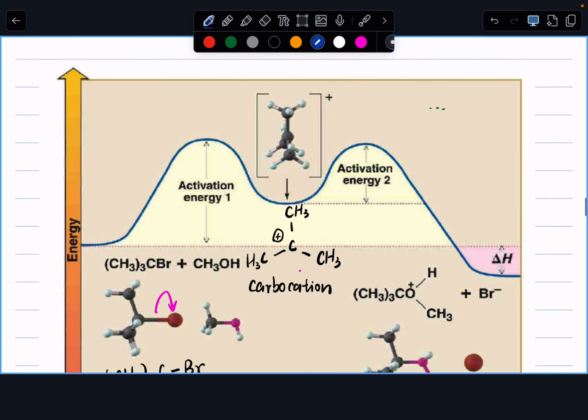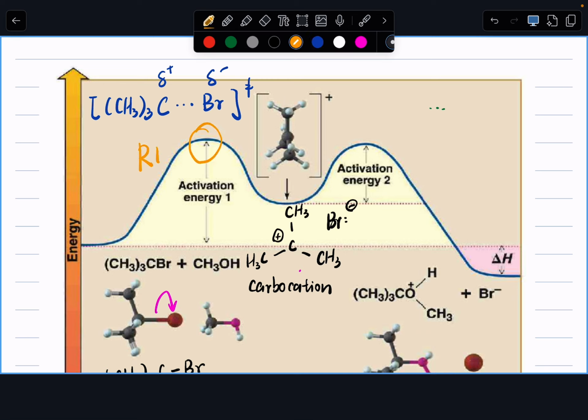If we look at the actual transition state, that looks like three CH3 groups on a carbon, and we have a partially breaking carbon-Br bond. And we're forming a carbocation intermediate and a Br minus as our product. So you could expect a partial negative charge on the Br, and a partial positive charge on the carbon in that transition state. And again, this first step is our rate determining step.